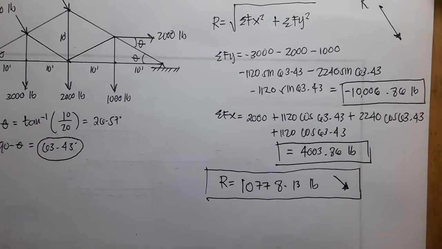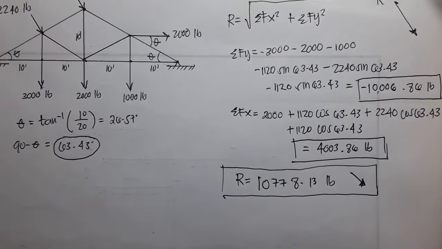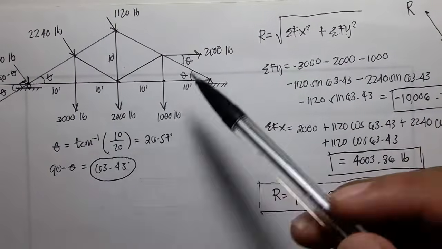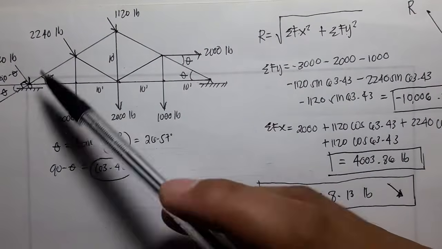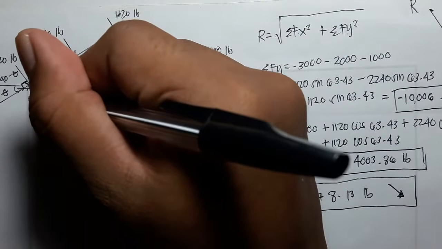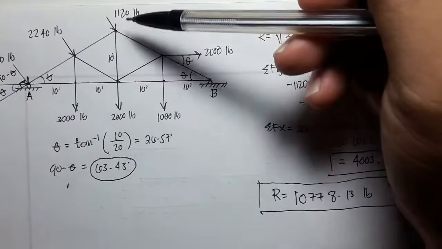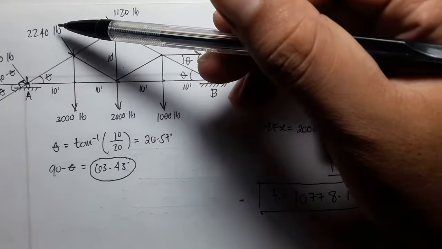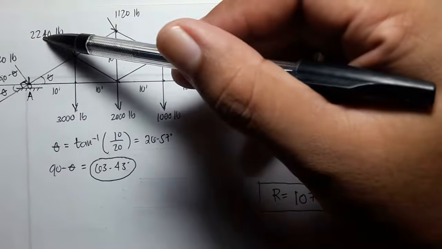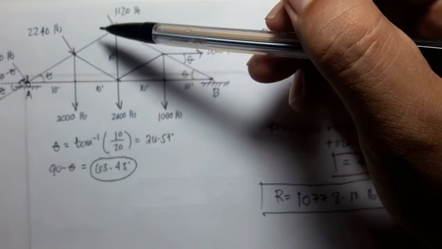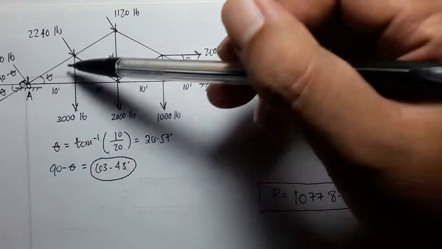Then we would like to sum up moments. In my case, I would like to sum up moments at point A. For the moment arm of these two forces, I would like to solve for the hypotenuse of this triangle.